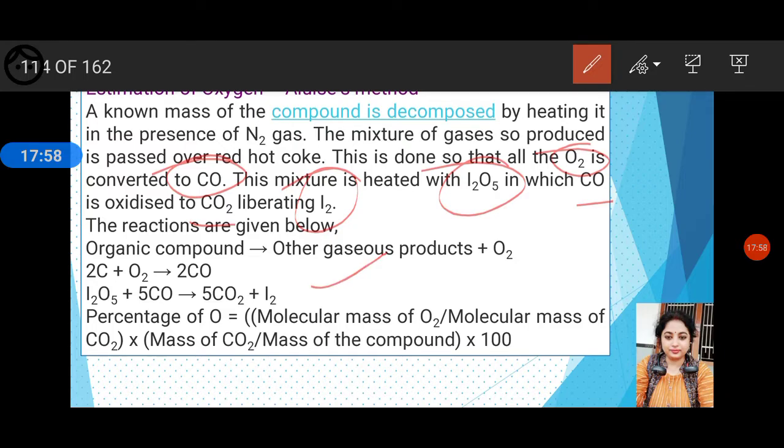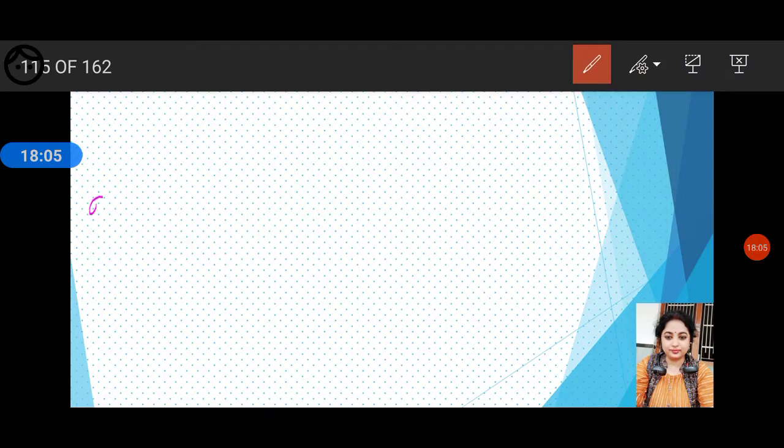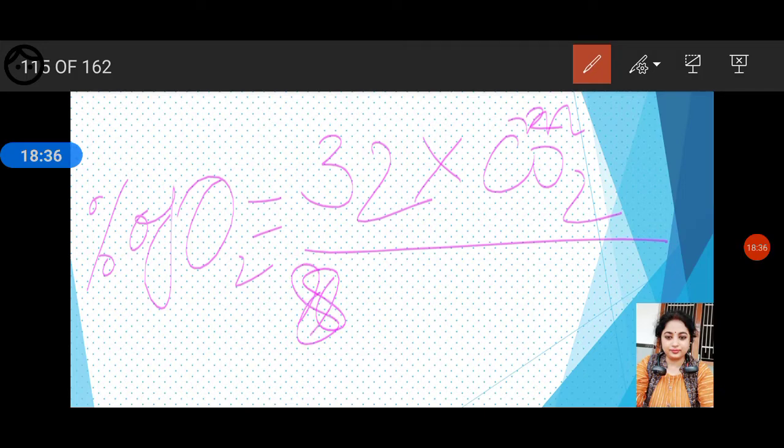Now let's calculate the percentage of oxygen. Percentage of oxygen: atomic mass of oxygen into mass of CO2, divided by 88.